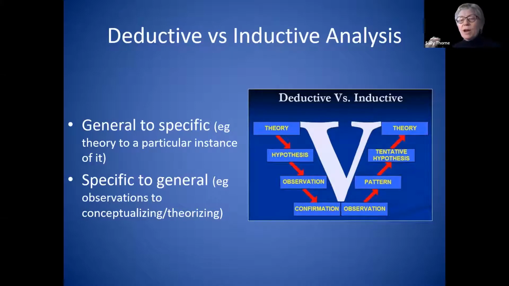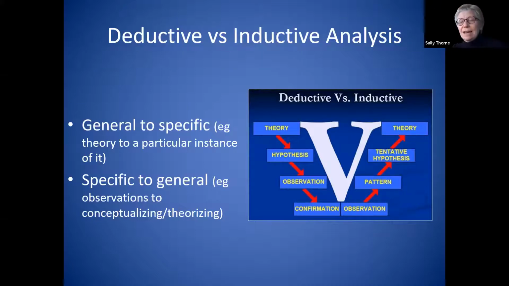Another starting point, we all understand that there's a distinction between inductive and deductive reasoning processes as we engage in analysis. And sometimes we would argue that quantitative research uses a deductive logic, qualitative research uses an inductive logic, and to a great extent that is true, but I'd also argue that we tend to move back and forth between inductive and deductive ways of thinking, going from general to specific and specific to general as we work a data set.